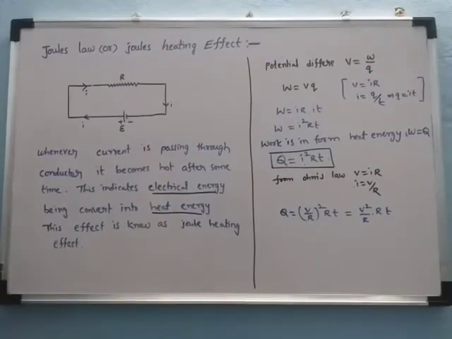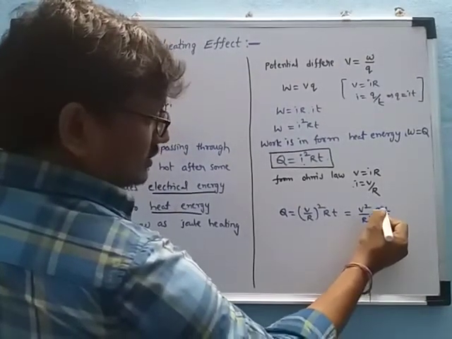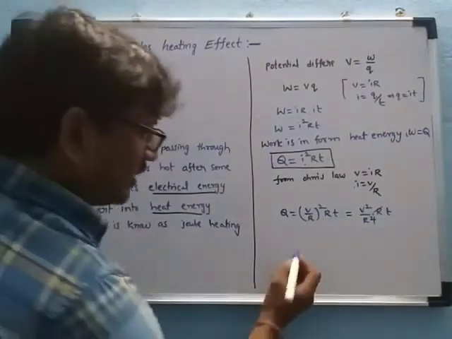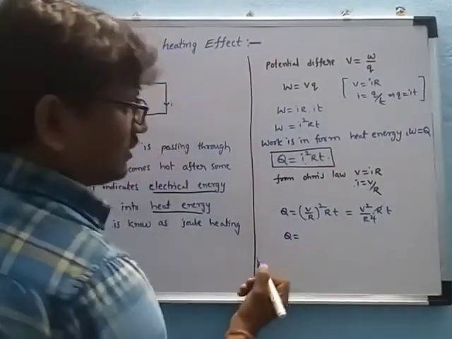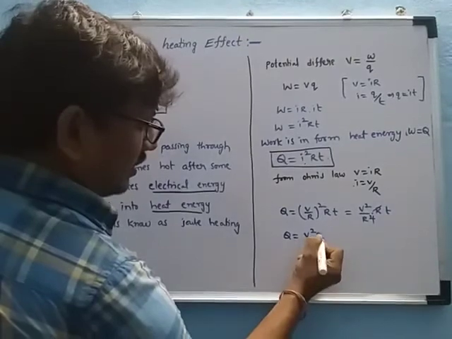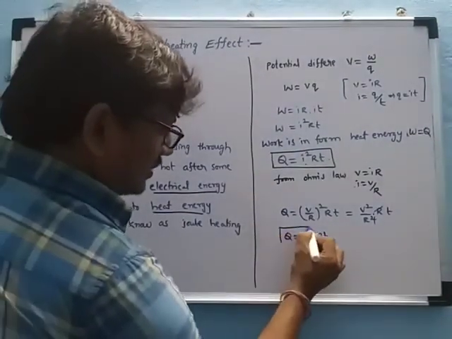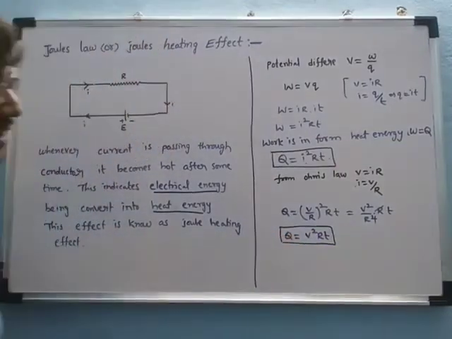One R gets cancelled, and the remaining formula is the amount of heat Q is equal to V squared by R into t. This is another equation of Joule's heating law.